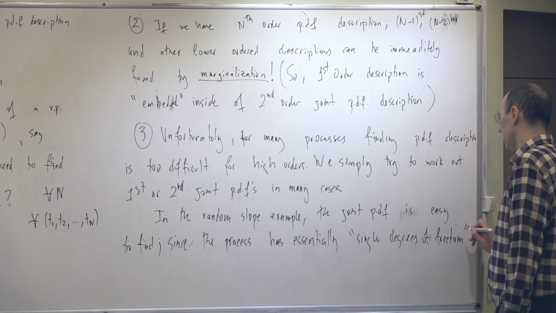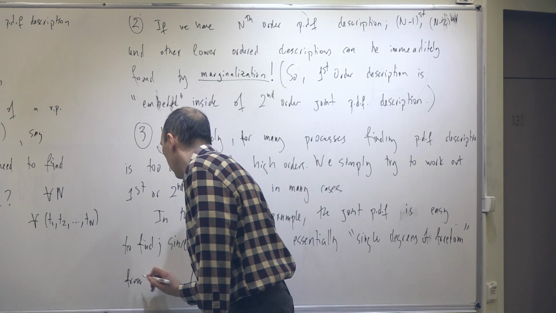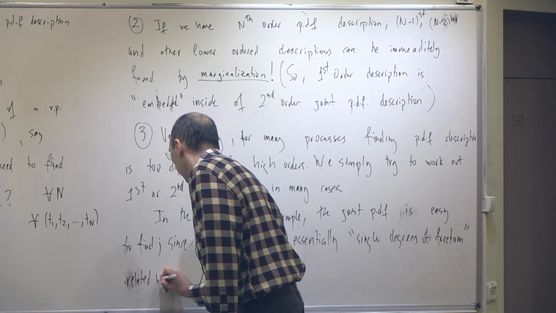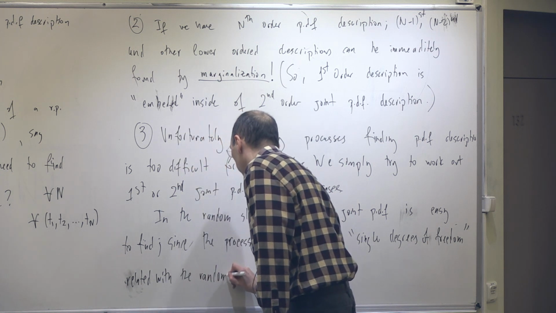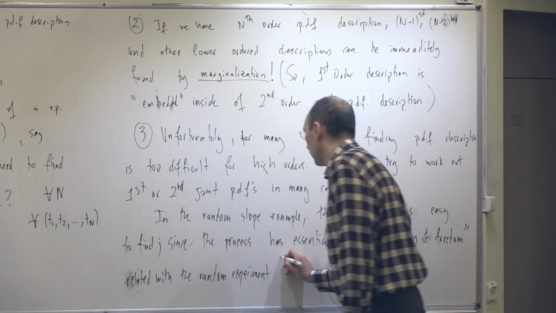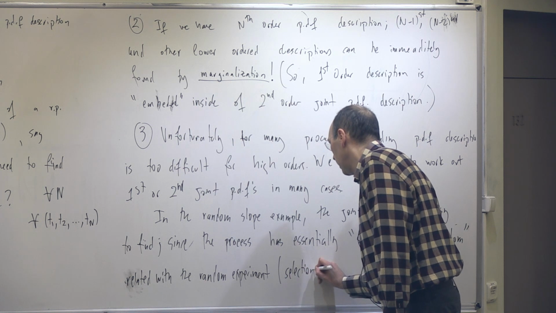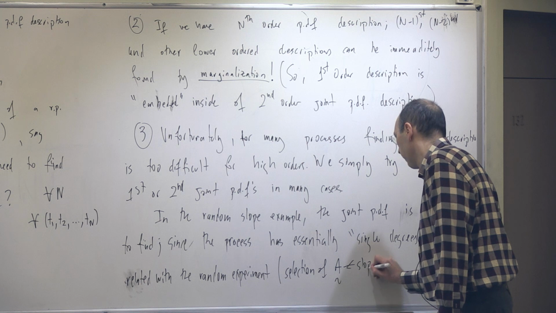in some quotations related with the random experiment. That is selection of A, or the slope parameter.